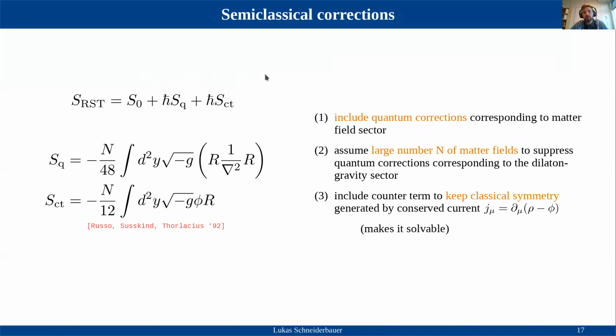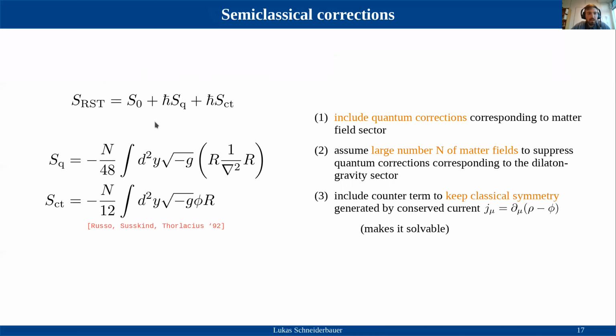So we integrate out the quantum fluctuations of these fields. In principle, one would also have to include the quantum corrections of the gravitational sector and the dilaton sector. But to avoid that, we assume a very large number n of matter fields, which supposedly suppresses the quantum corrections corresponding to the dilaton gravity sector.